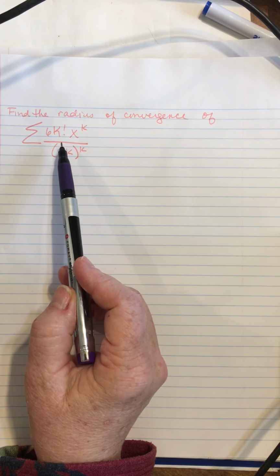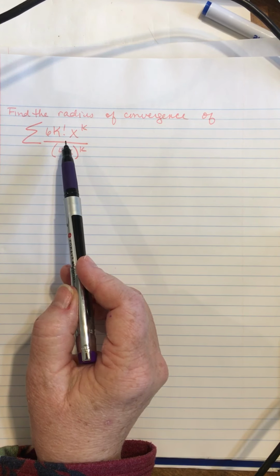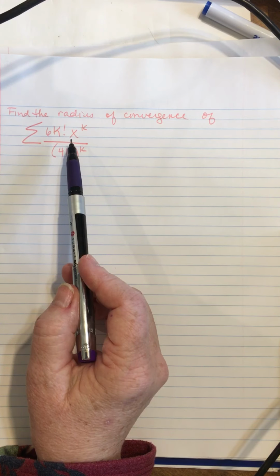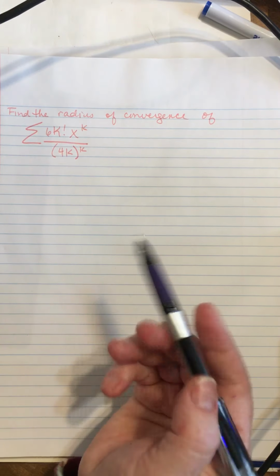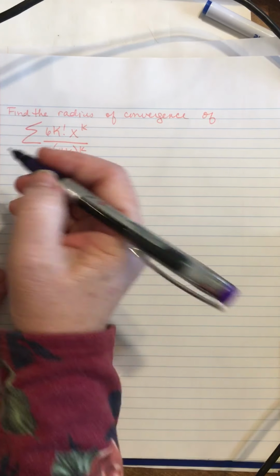So typically we use either the ratio test, the root test, or the geometric series test to find the interval of convergence. Since this has a factorial in it, I'm going to use the ratio test.